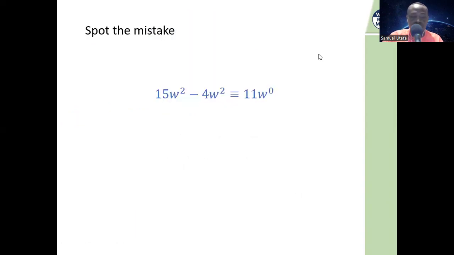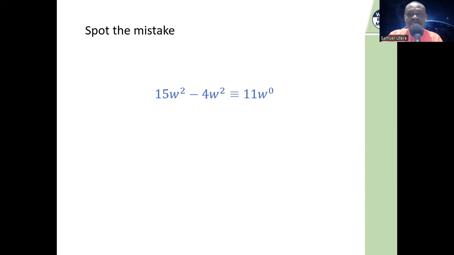What about this one? Have you spotted the mistake? Have a think. So this person seems right. They've done 15w squared minus 4w squared, which gives 11w, but what? Guess? 0.